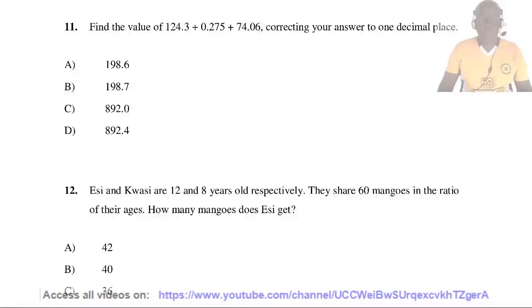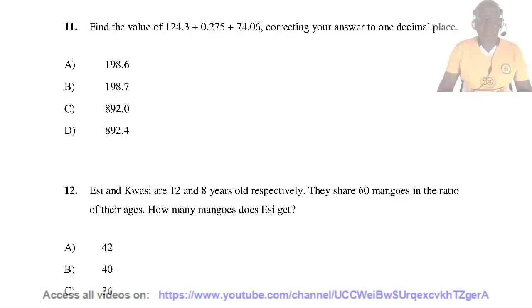Question 11. Find the value of 124.3 plus 0.275 plus 74.06. Correct your answer to one decimal place.